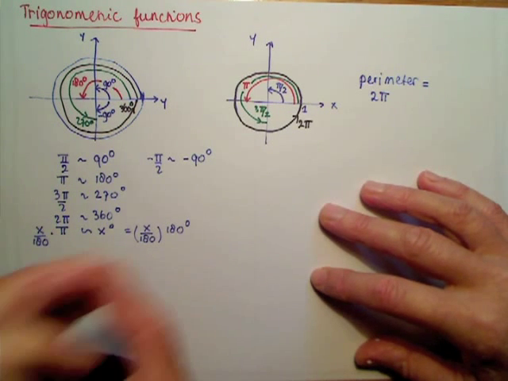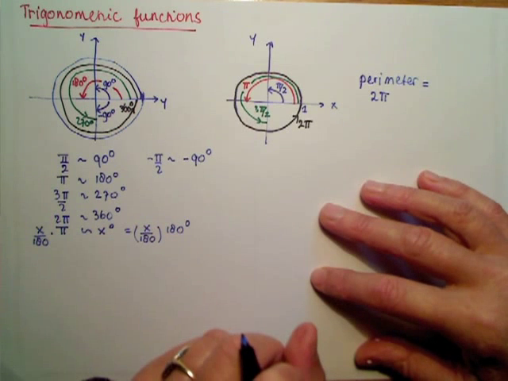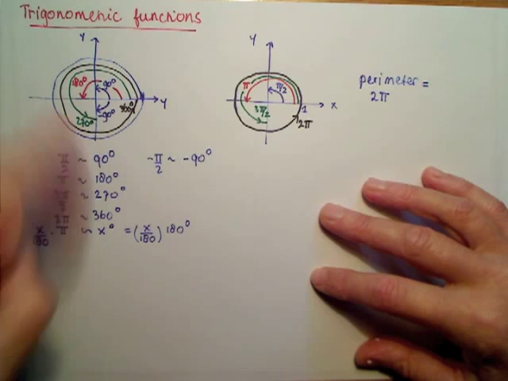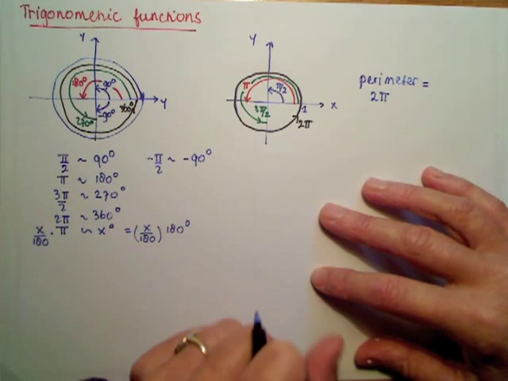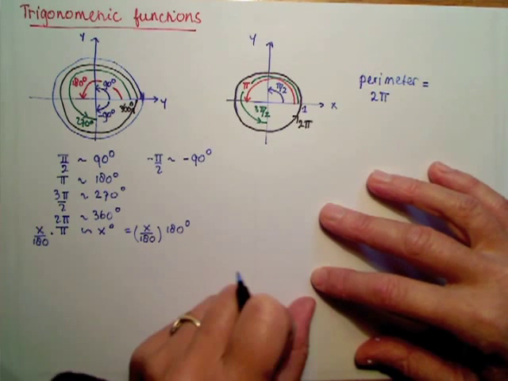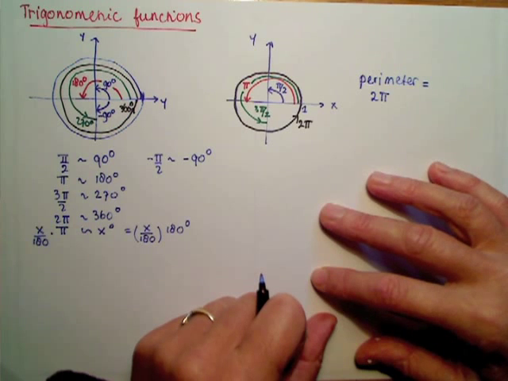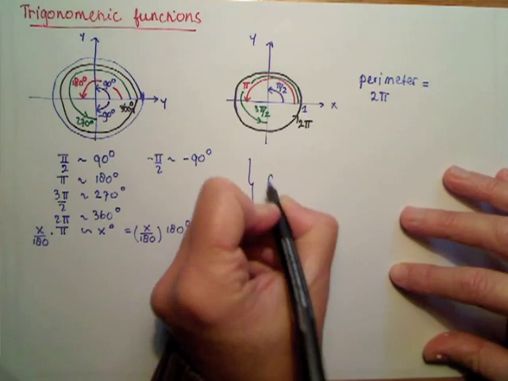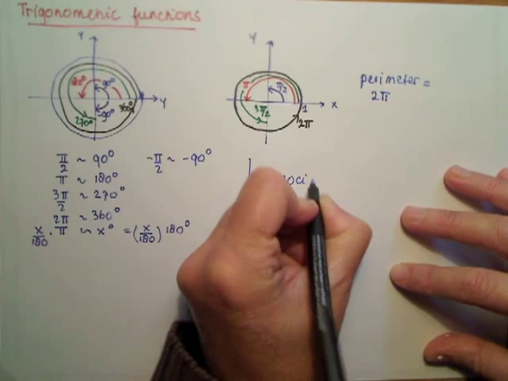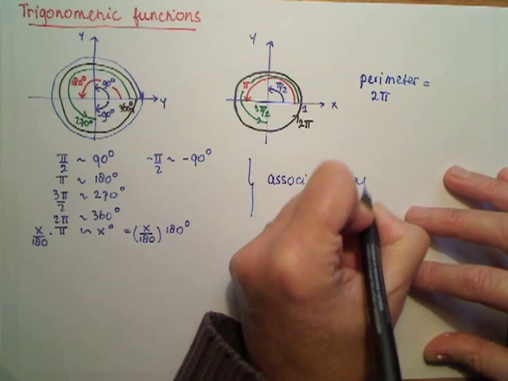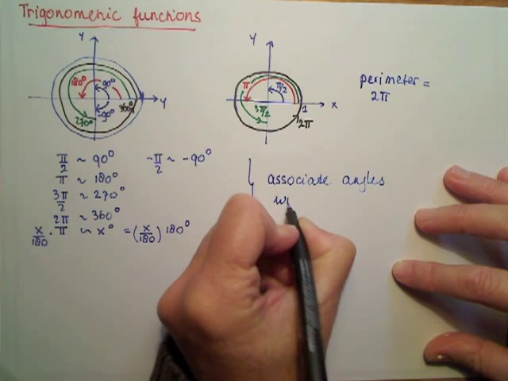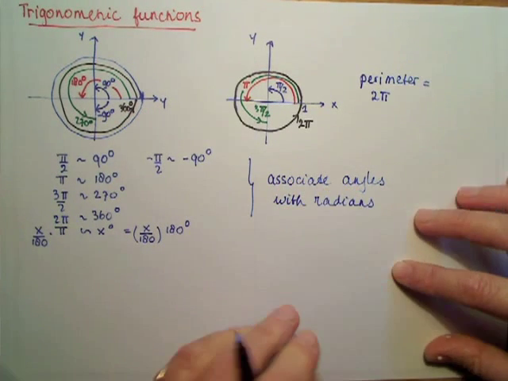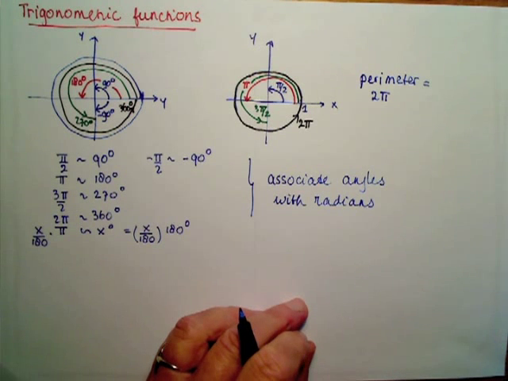Instead of angles in degrees, we will now speak about angles in radians. This notation we call radians. Okay, most of you know this quite well, I suppose.